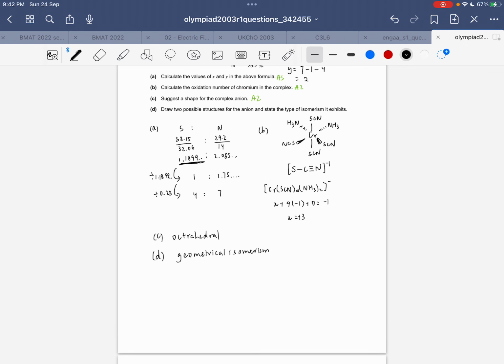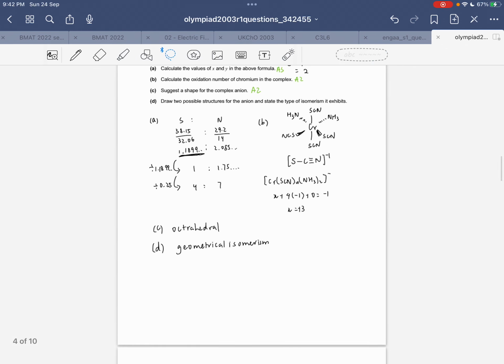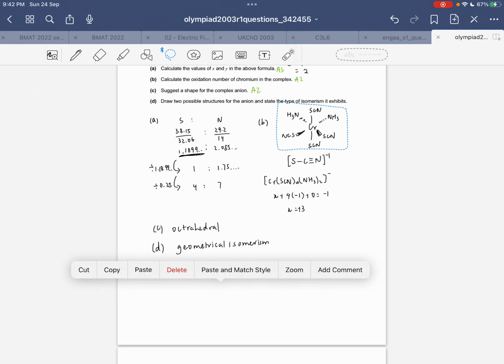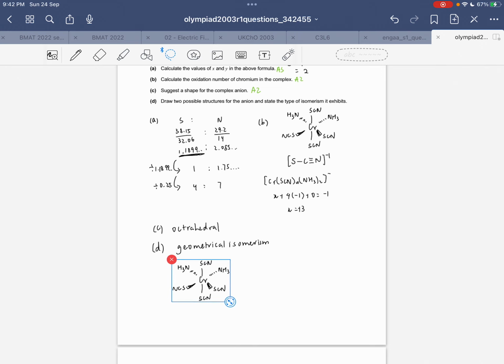Therefore, one of the possible arrangements is cis, which is a case where the ammonia groups are right next to each other. That means that the angle between them is 90 degrees. And let me just paste this.